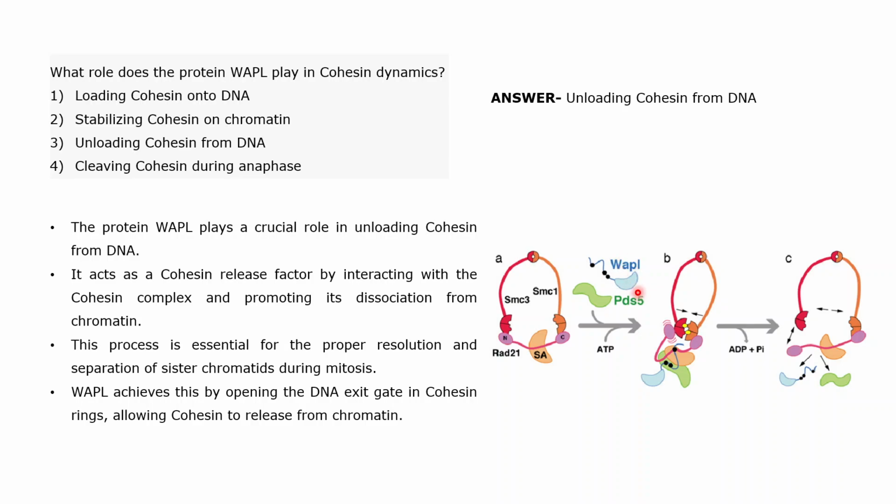So this WAPL protein along with PDS5, together with the help of ATP hydrolysis, binds to this particular region and then separates or cleaves this SCC1 protein that is binding these two proteins together. So basically it gives a closed conformation, and when ATP hydrolysis takes place, this particular structure gets opened up.